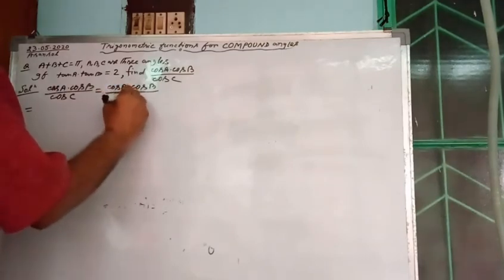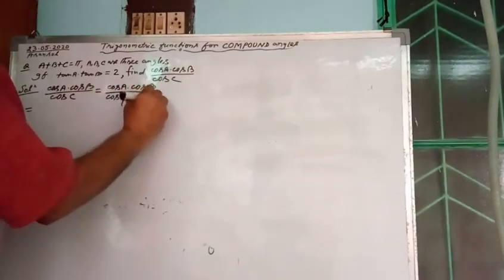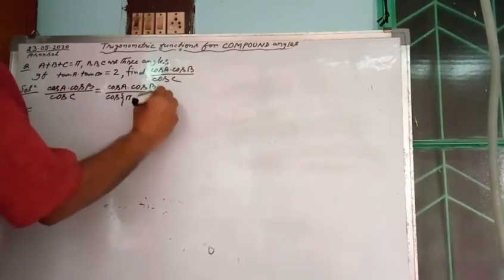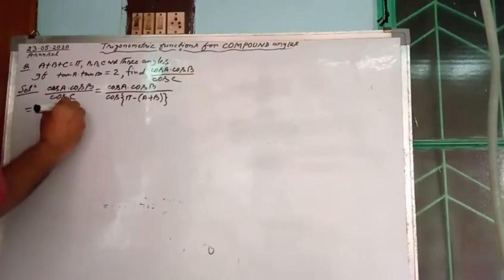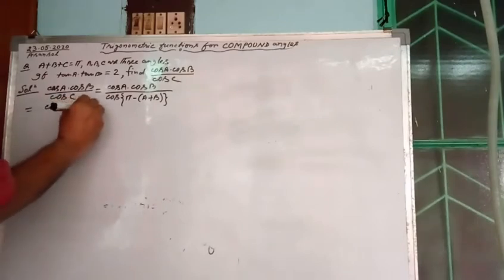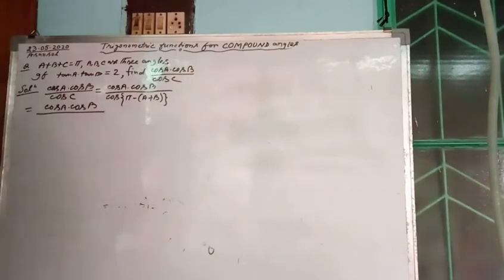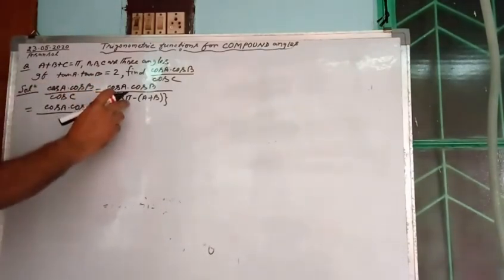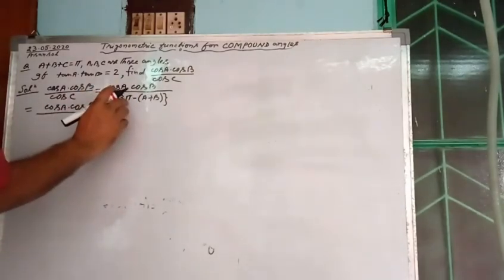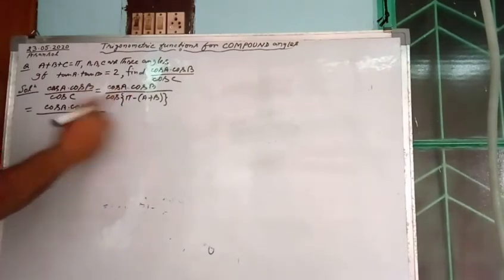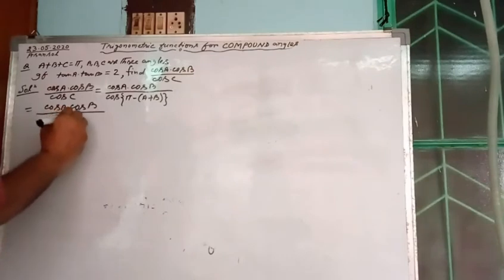Cos of pi minus (A plus B). See, pi means 2 into 90. So 2 into 90 minus (A plus B), when it is in multiples of even number, 2 is there, so cos will be cos of (A plus B).